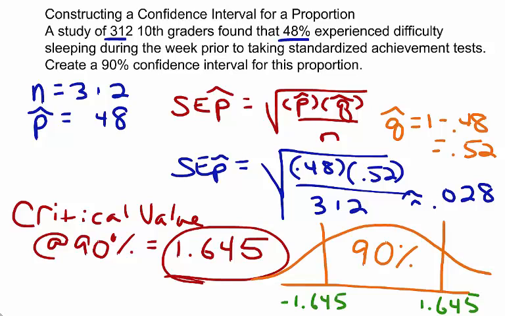In other words, at a 90% level of confidence, our cutoff value for the upper end is 1.645. Our cutoff value at the lower end is negative 1.645. So the boundaries for my 90% confidence interval occur at plus or minus 1.645 standard deviations away from the mean.